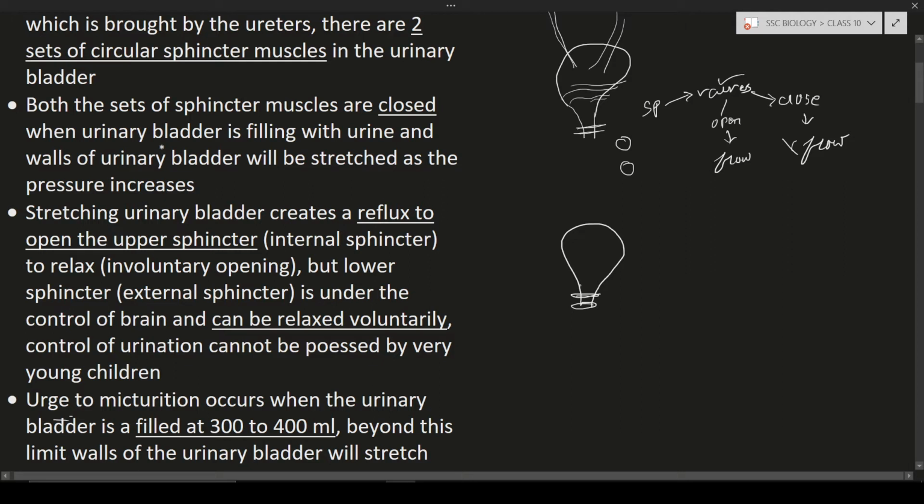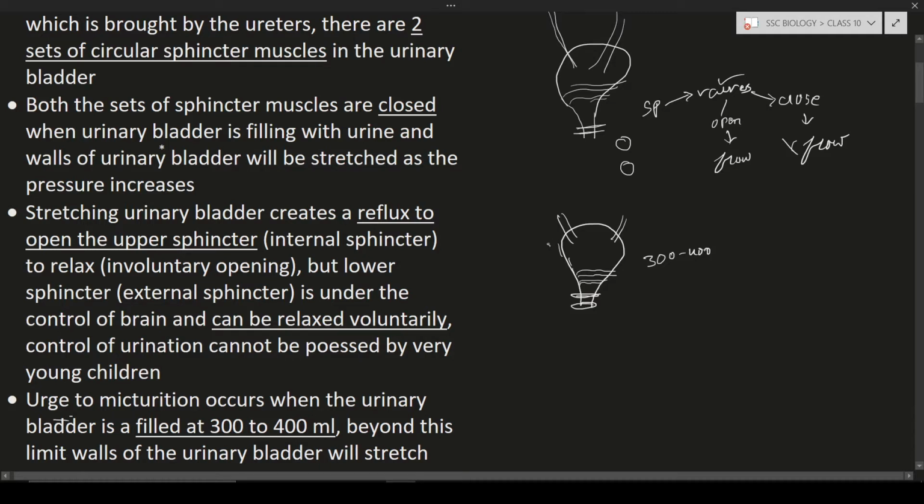Nothing will flow out. Slowly, the urine fills the urinary bladder, brought by a pair of whitish ureters. When the urine fills the bladder up to 300 to 400 ml, there will be a reflex generated by the nerves present on the walls of the urinary bladder.